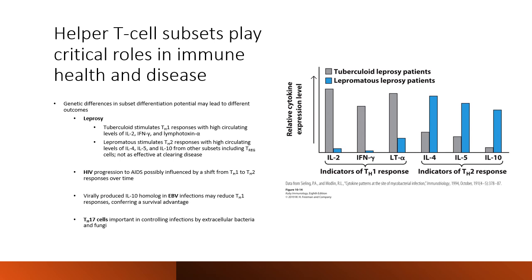So you see a stronger type 1 response, which is associated with a tuberculoid outcome of leprosy, the more survivable and controllable type of infection. On the other hand, a Th2 response shows more production of IL-4, IL-5, and IL-10, which is immunosuppressive.